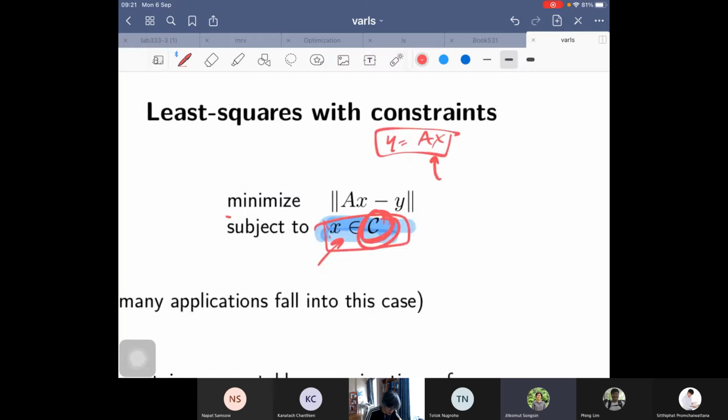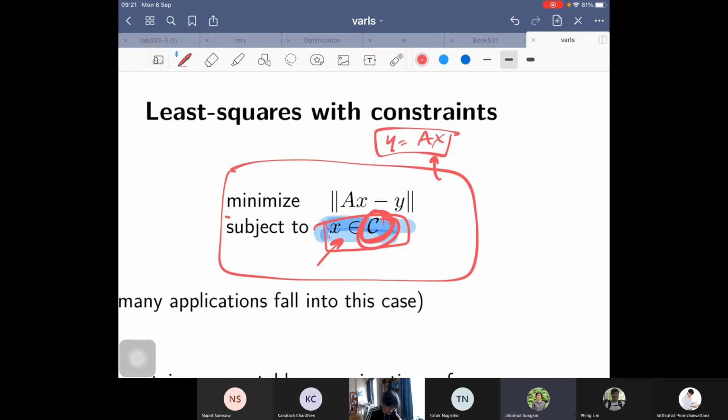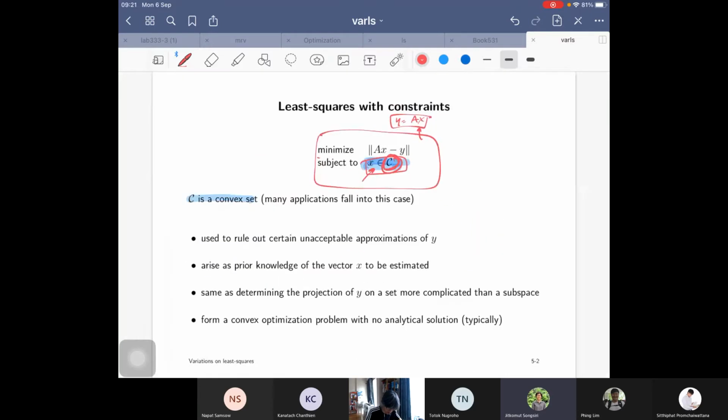When we look at this formulation, from the optimization point of view it becomes a constrained optimization problem.